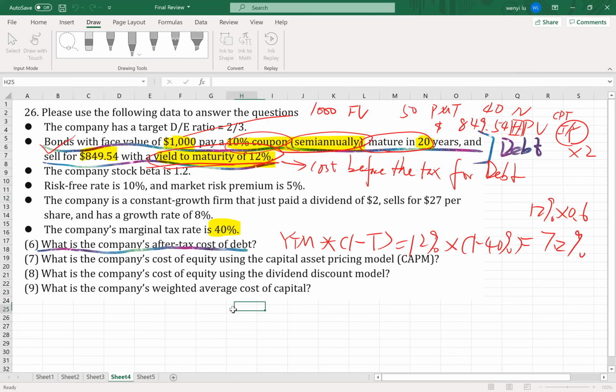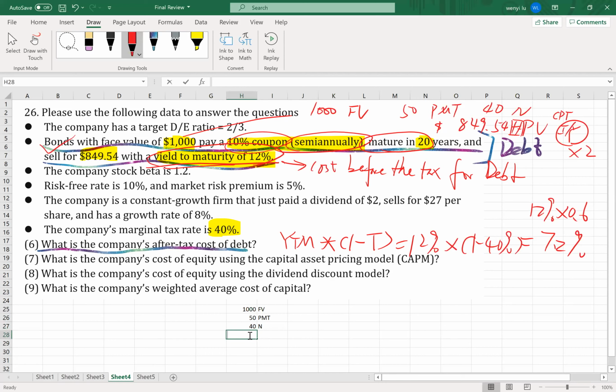I use our Excel sheet. Let me put the numbers here: 1,000 as the future value, and we have the $50 as the payment, and 40 as the number of periods.